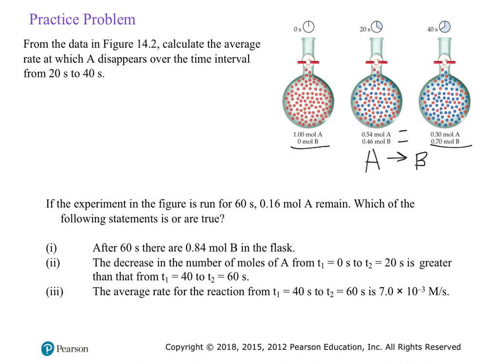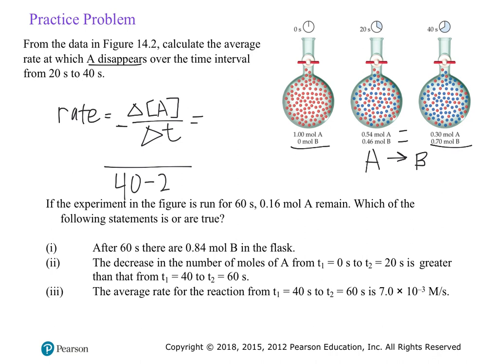If we want to know the average rate at which A disappears over time, the rate is the change in concentration of A over the change in time. And if I want to know disappearance, it's going to be negative because it's the rate that it disappears. So we'll do 40 seconds, final minus initial, so 40 minus 20 seconds.